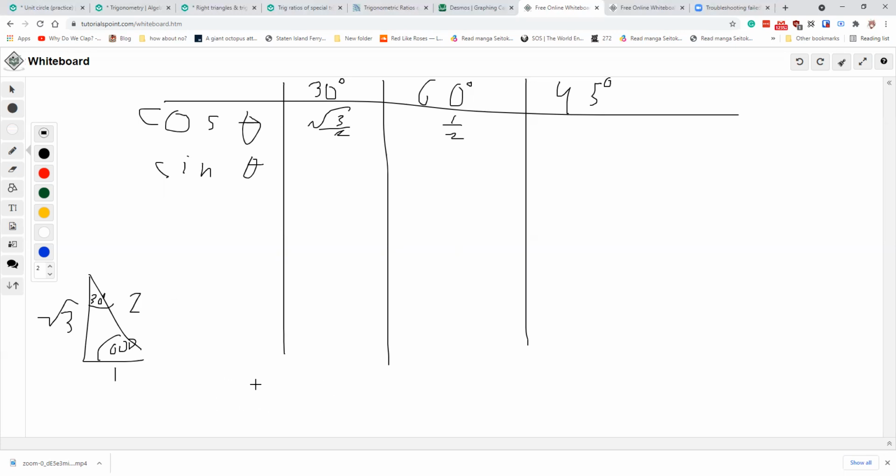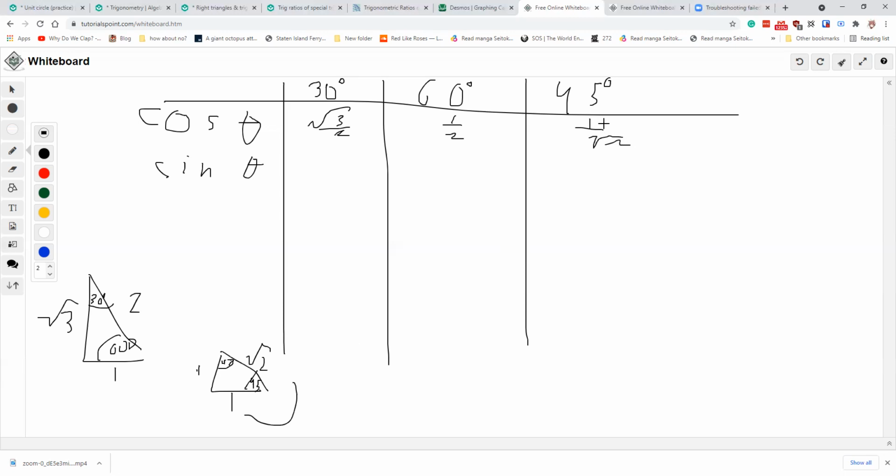And so if we think of a 45-degree right triangle, what do we get? We get something like this. 45, 45. You get x, or sorry, we're saying x equal to 1. So you get 1, 1, square root of 2. And then the adjacent over the hypotenuse is equal to 1 over root 2.